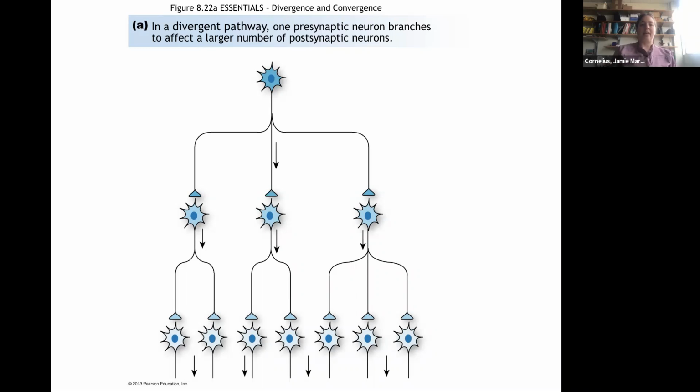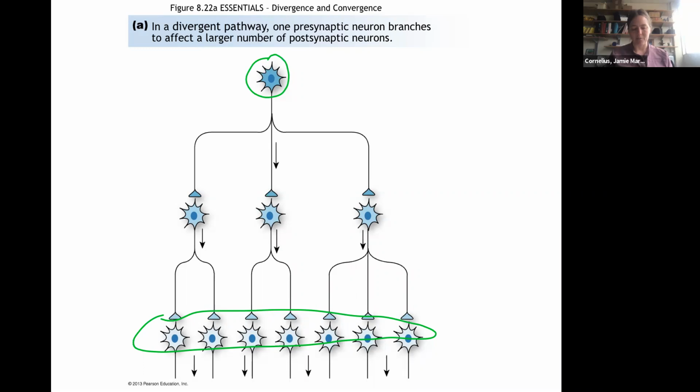And so what you get is essentially an amplification of the signal from this neuron at the top to all of these later on in the pathway. They may or may not receive this signal from the first one, depending on what else is happening in the pathways. But that neuron has the connectivity to communicate with all of those target cells.